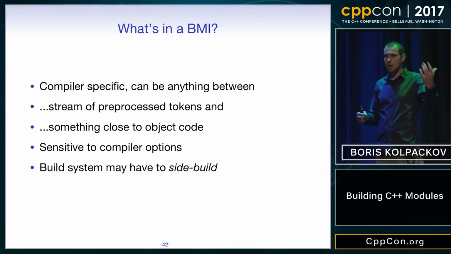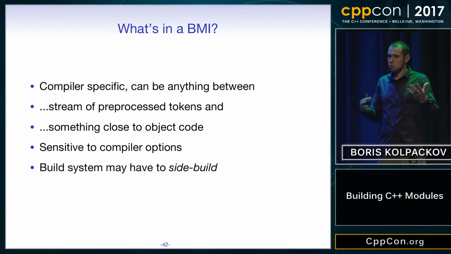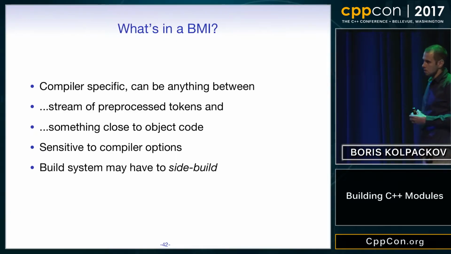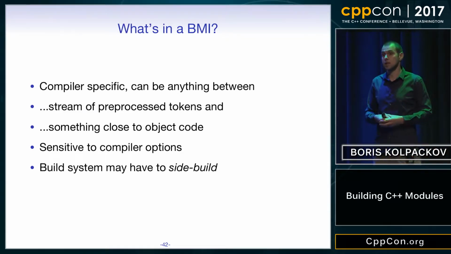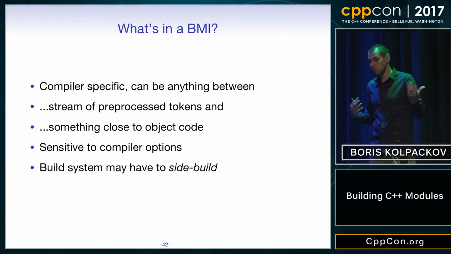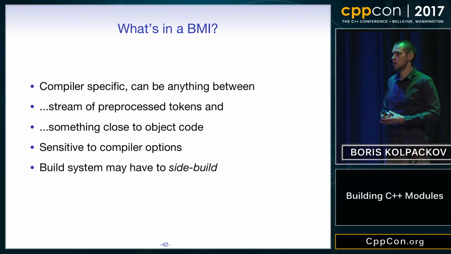Imagine you have a library build that you are trying to use in your program, but the two might be built with different options. While the build system should strive to reuse BMIs for performance reasons, the options that we're using in our program and in the library can be sufficiently different that it has to actually build the BMIs for us on the side.